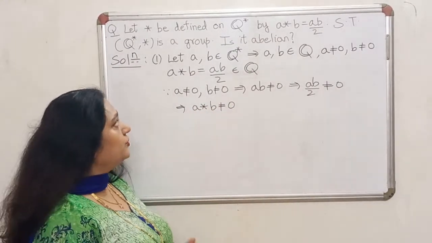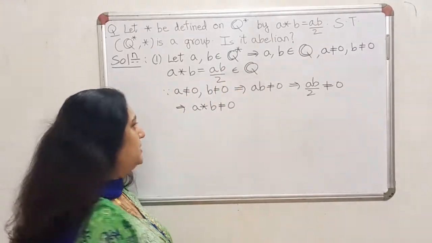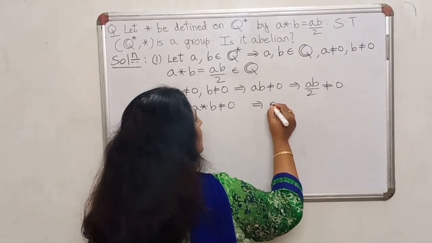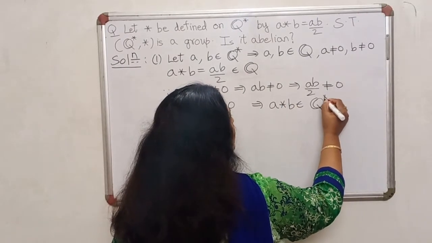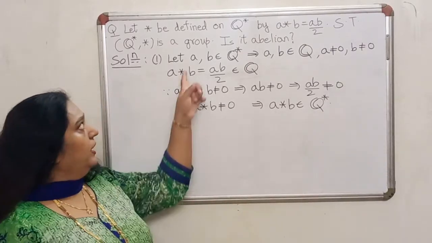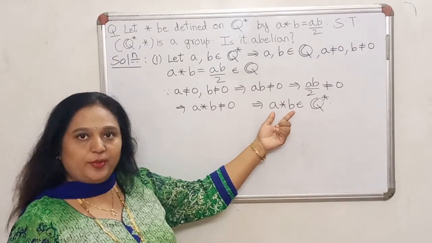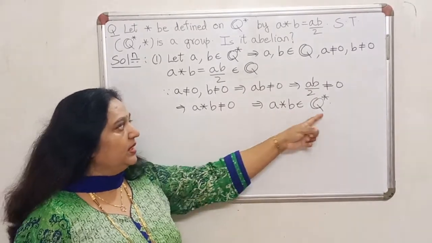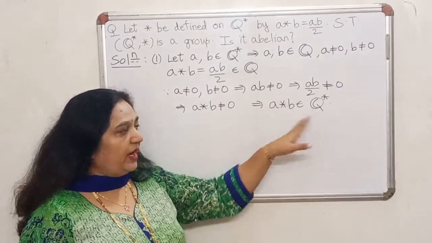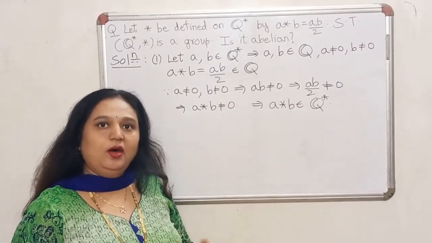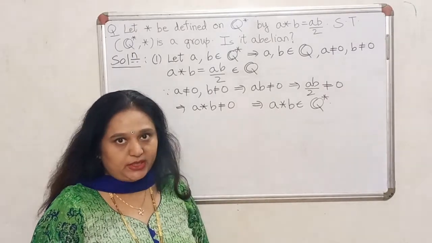So I managed to prove two things for A star B. A star B is a rational number and A star B is not equal to 0. So A star B is a non-zero rational number. And therefore, if I take any two elements of this set and combine them with the operation star, this element is again in the same set. And therefore we say that star is a binary operation on Q star, or closure property is satisfied. So we are done with the first property.